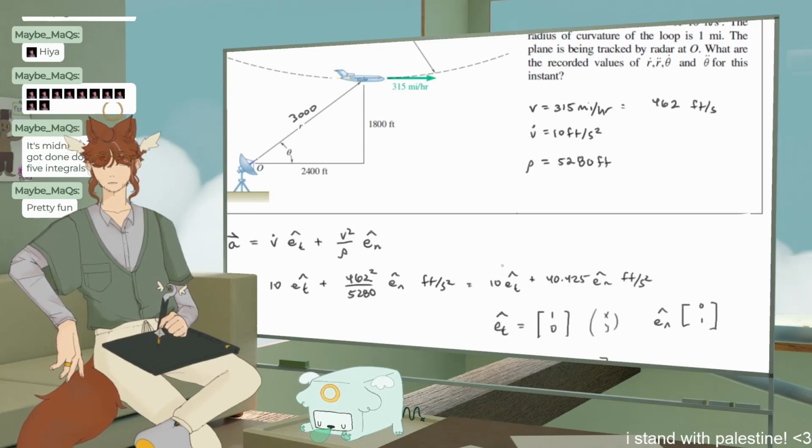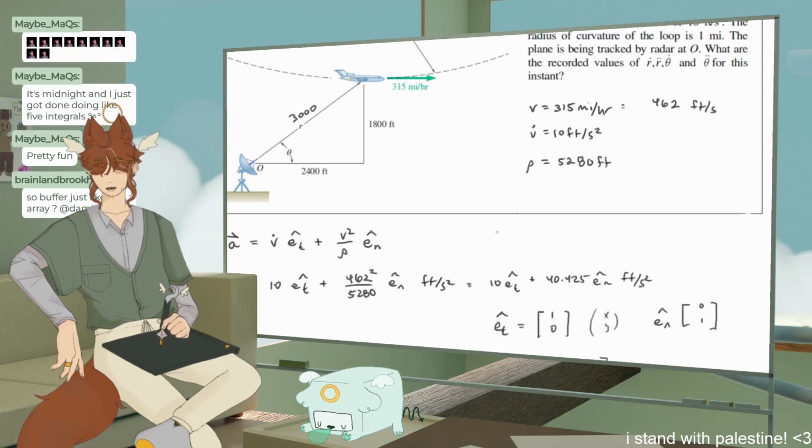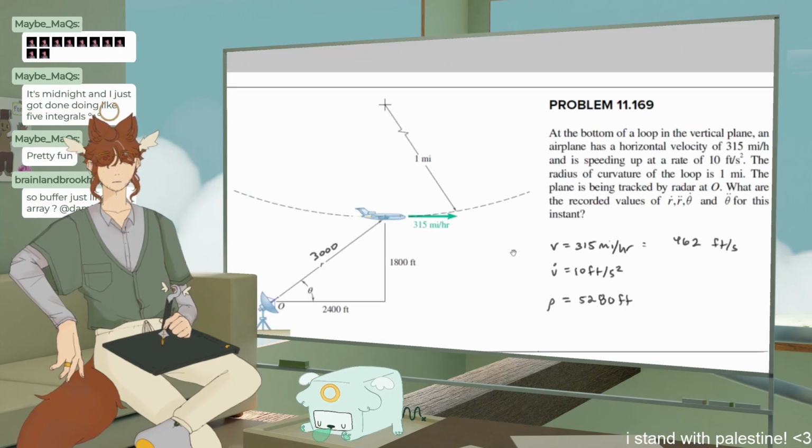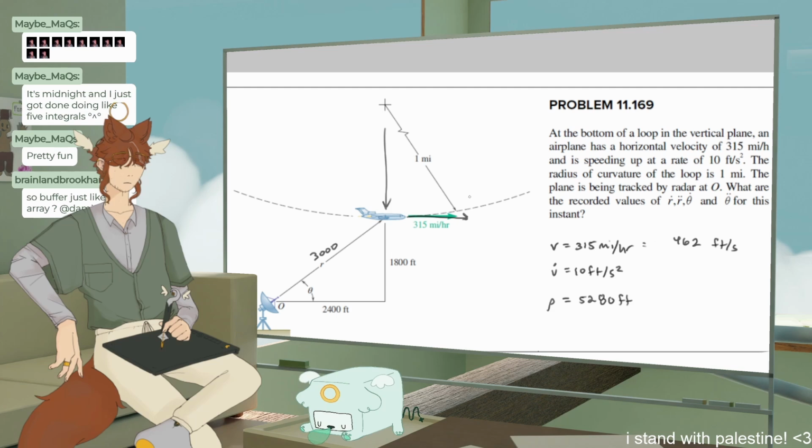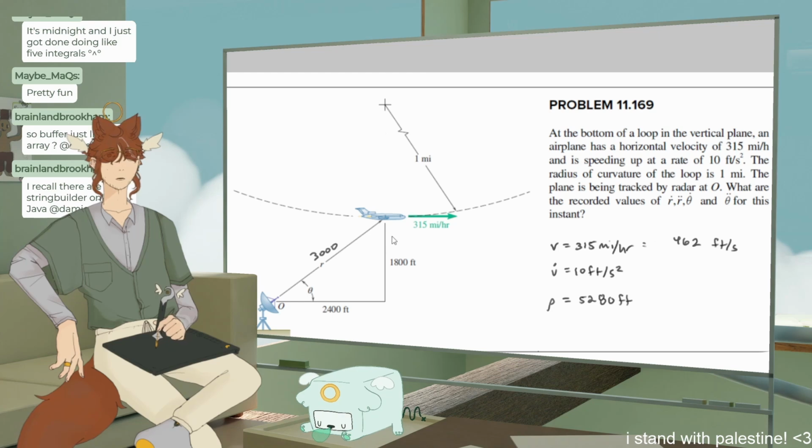Okay, I think we might also be able to, smiles evilly, scuff this a little bit. Because our horizontal velocity is actually going to be the same as our... Wait, is that true? Wait, no, not exactly.